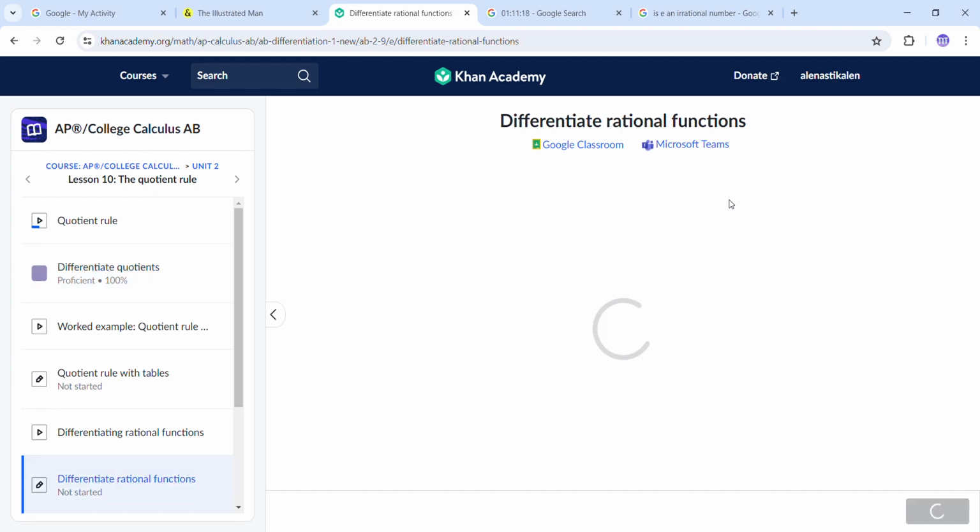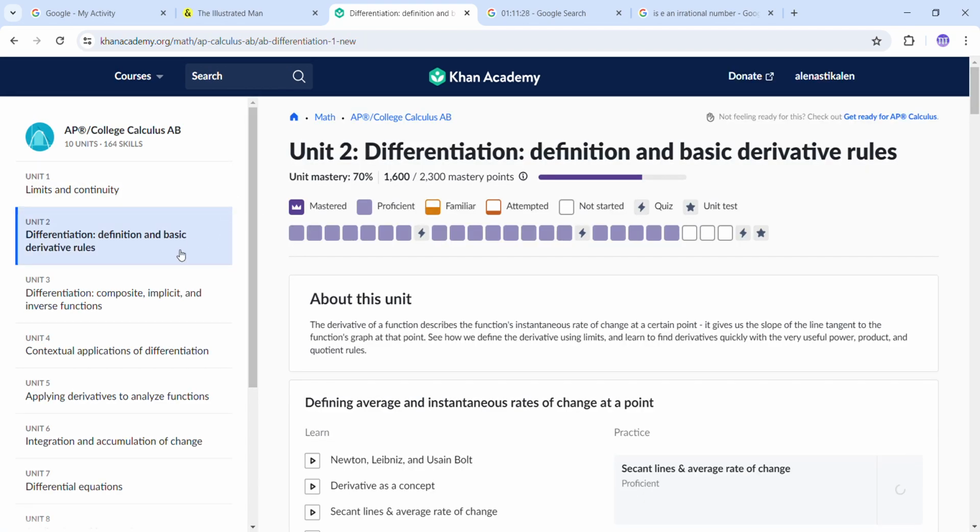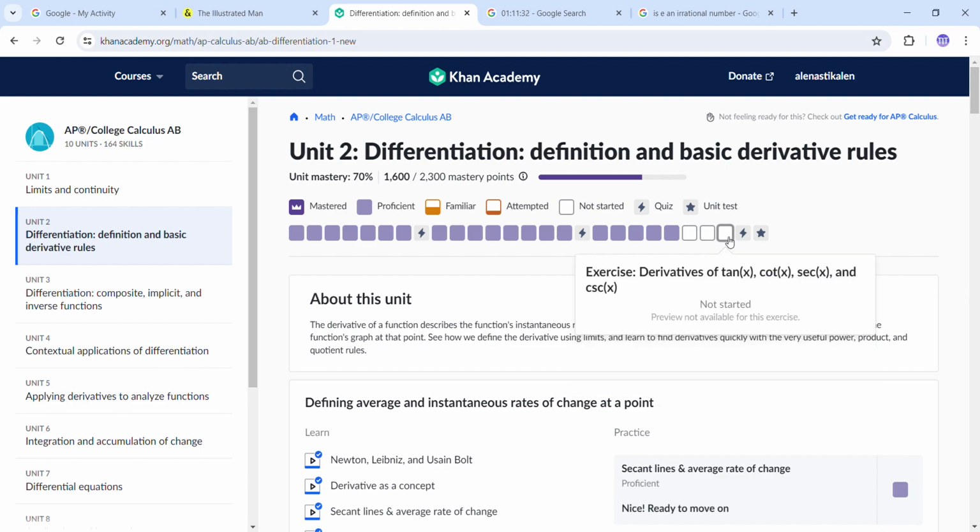Differentiate rational functions. Not exactly sure what that means. This is all easy. It's really just a little bit complex in terms of the numbers, but we're going to get through it. Derivatives of tangent of x, cotangent of x, sec and cosec. Okay, so that's it.